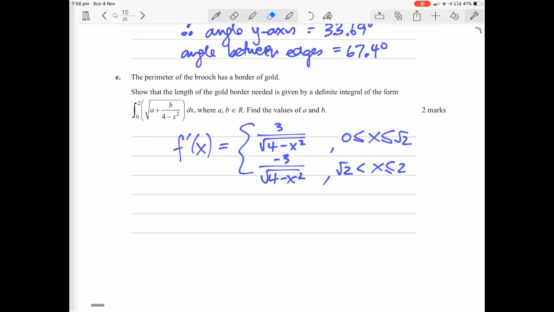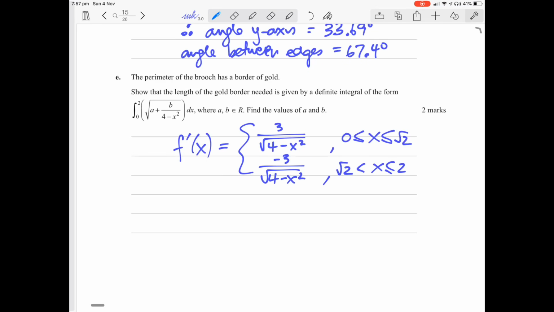Okay, so what can we do here? They're going to be the same thing, because when I square this, and when I square this, they're going to end up being the same thing.